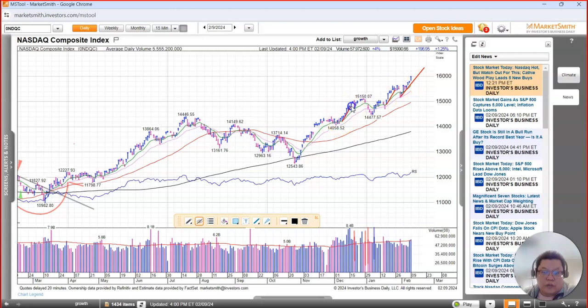It's probably more like this one. So we're getting close. This is pretty high up now on the 50-day, so I expect some sort of pullback. The best would be going sideways, right? If it goes sideways, that would be the best, but I'm not counting on that.